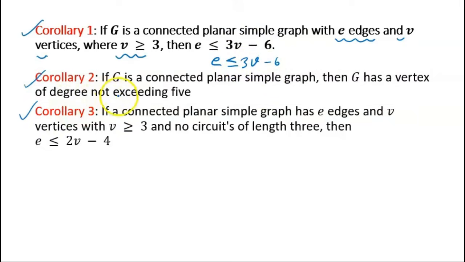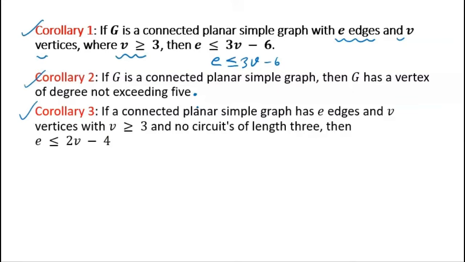The second corollary is that if G is a connected planar simple graph, then G has a vertex of degree not exceeding 5. Some students get confused with this. What is the statement saying? Listen carefully. If G is a connected planar simple graph, then G has a vertex of degree not exceeding 5.